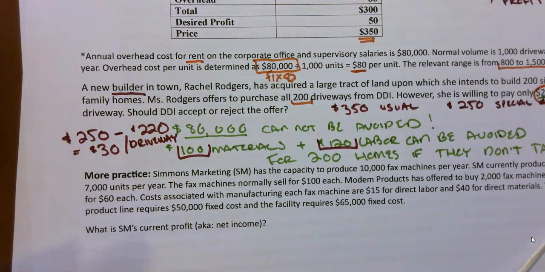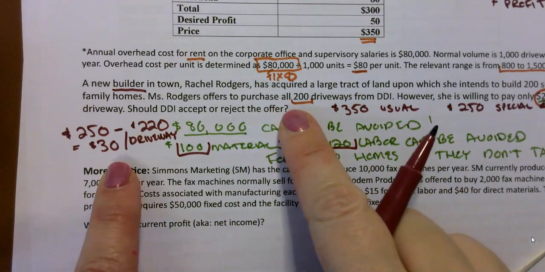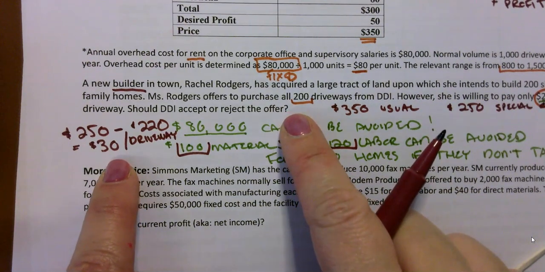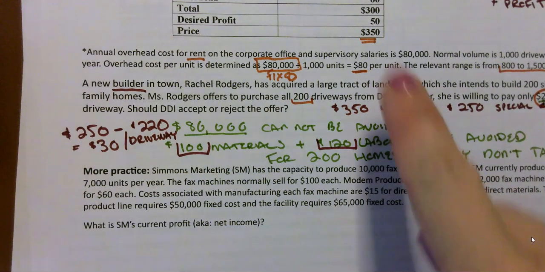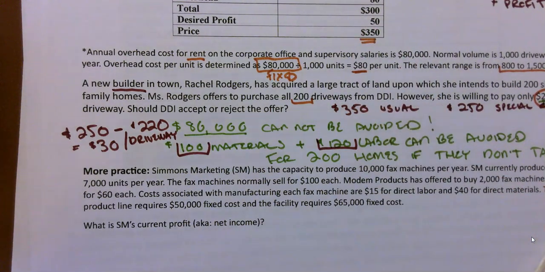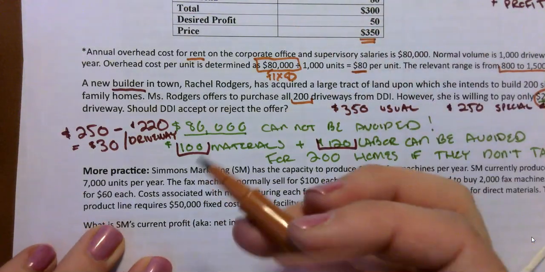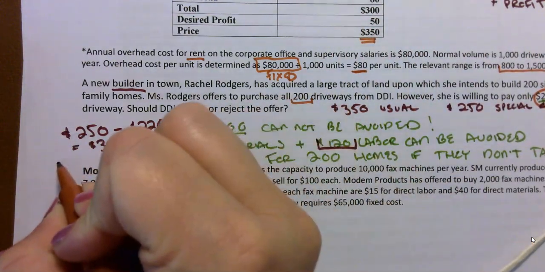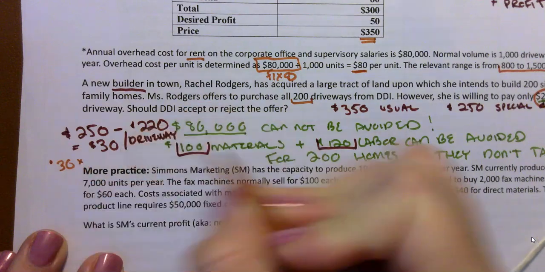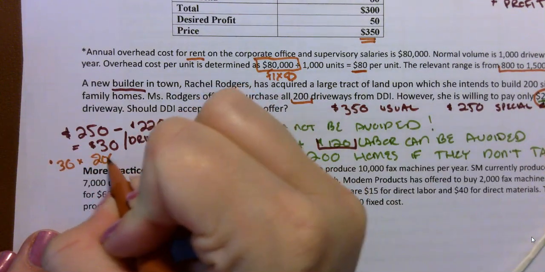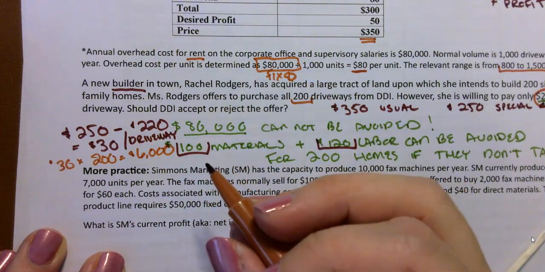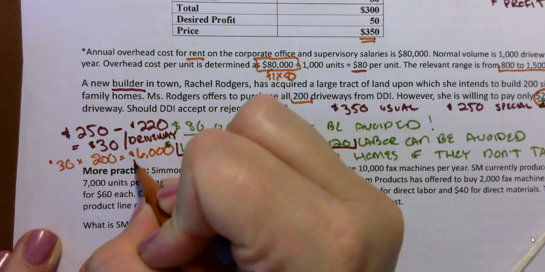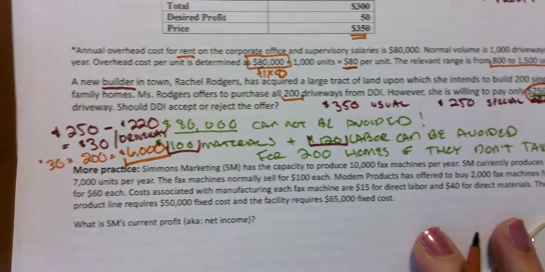At $30 per driveway and taking in 200 of these driveways, they'll be making $6,000 more total profit. Even if we're not adding a desired extra profit, and we're just taking the $30 at 200 driveways, they'll be making $6,000, an increase to their profit.